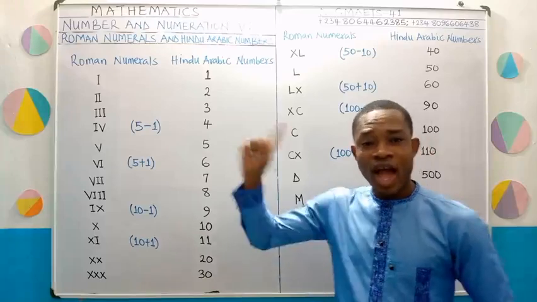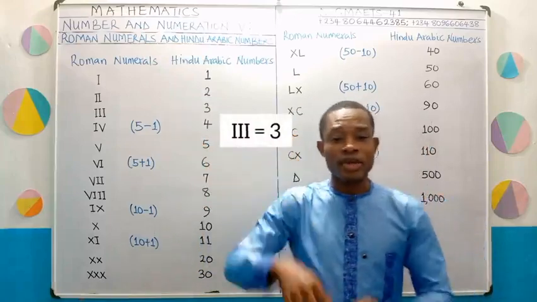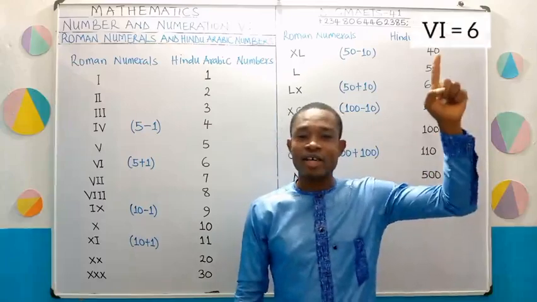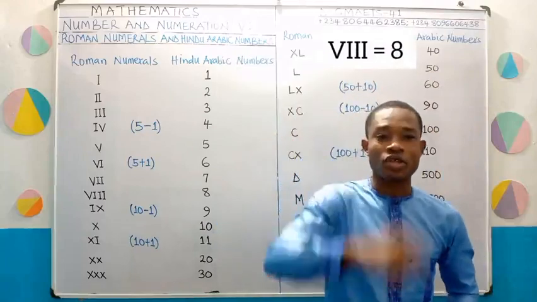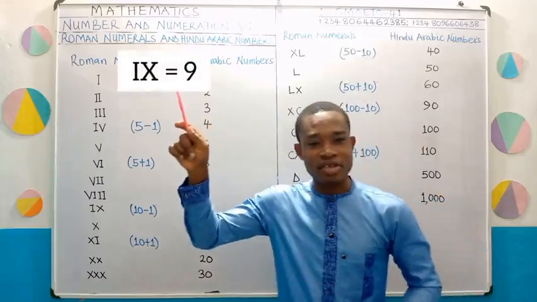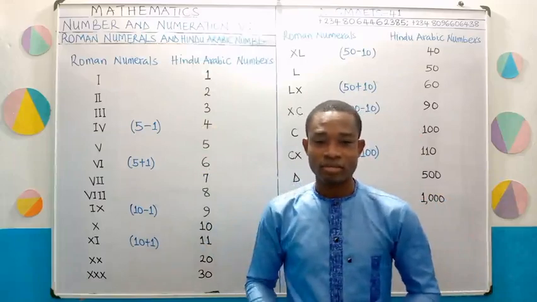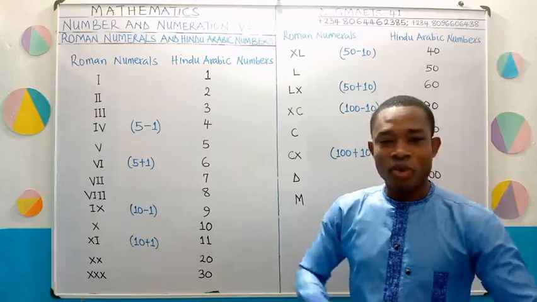So let's go. I equal to 1, II equal to 2, III equal to 3, IV equal to 4, V equal to 5, VI equal to 6, VII equal to 7, VIII equal to 8, IX equal to 9, X equal to 10. These first 10 Roman numerals are very important as well to you.